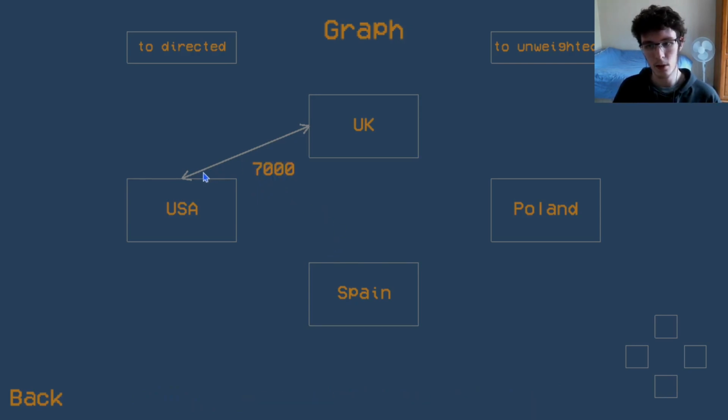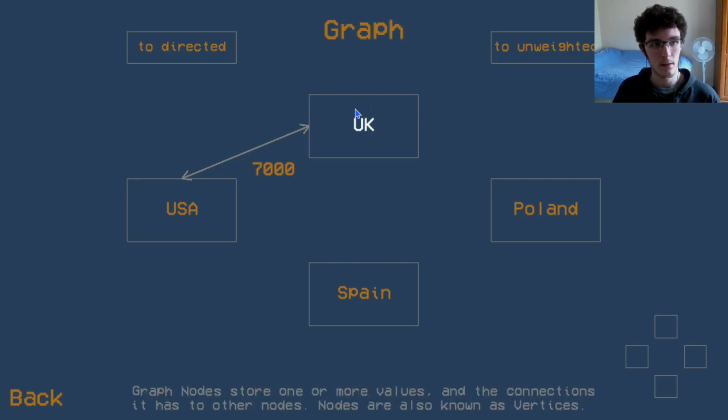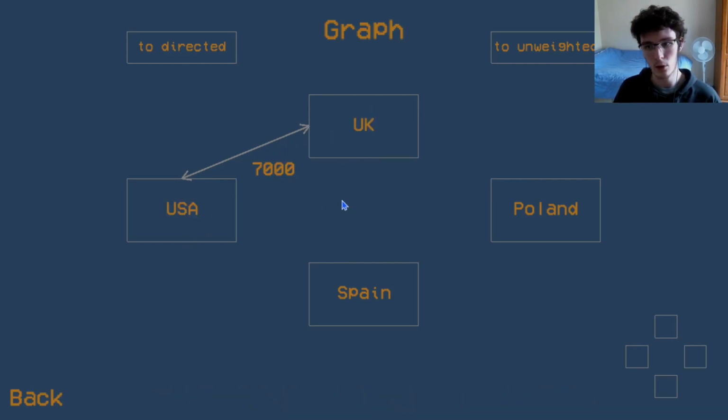And so we can represent that distance on a weighted graph. The distance between the UK and Spain, I think, is about 1,500, and the distance from the UK to Poland is also about 1,500. And with this, you might be able to see where graphs can be quite useful for modeling problems.